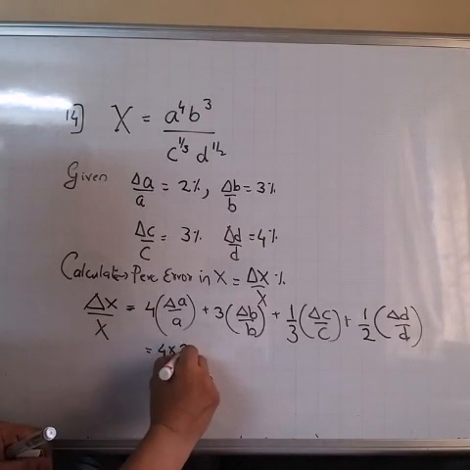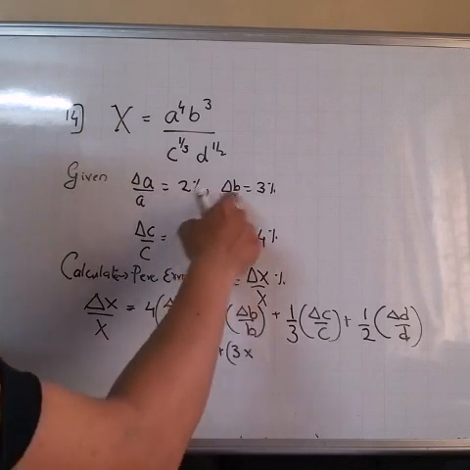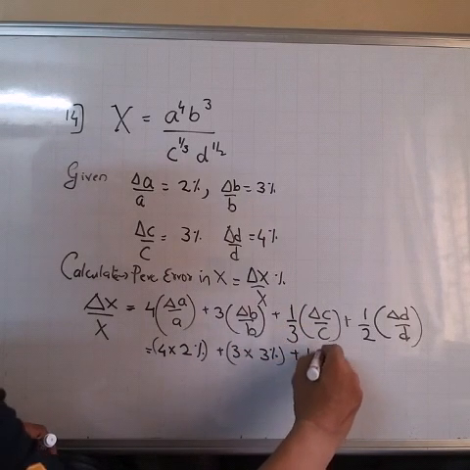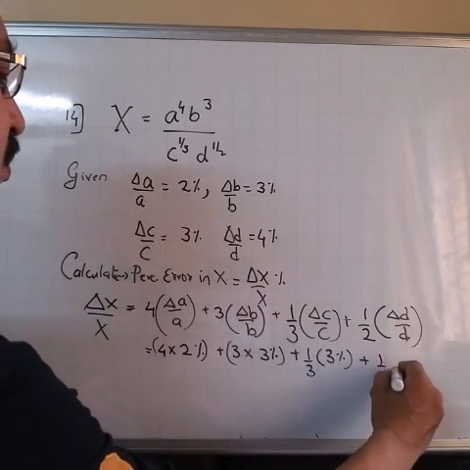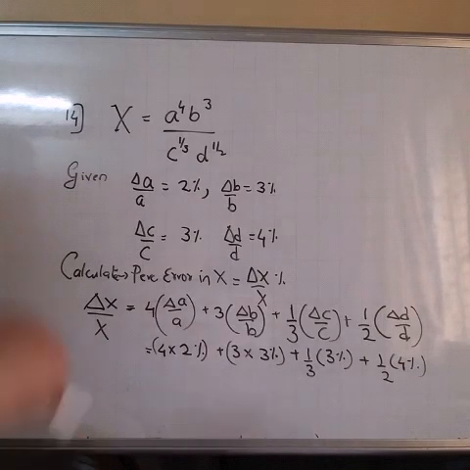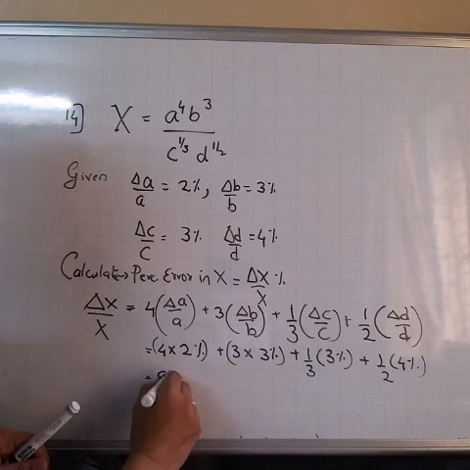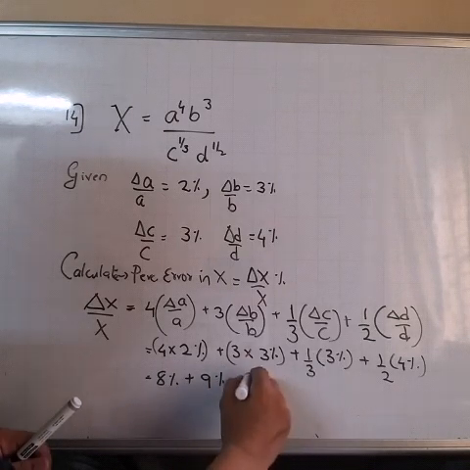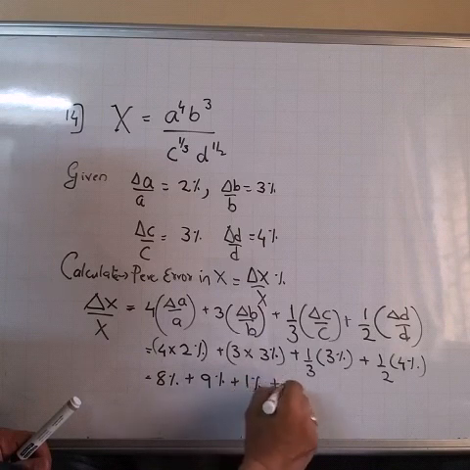4 into 2% plus 3 into 3% plus 1 by 3 into 3% plus half into 4%. Now common sense, 4 into 2 is 8, so 8% plus 9% plus 1% plus 2%.